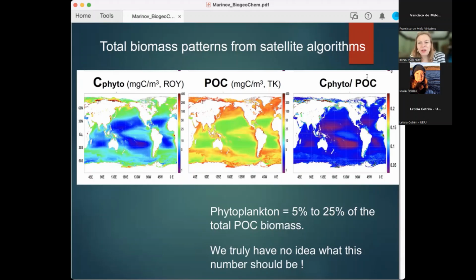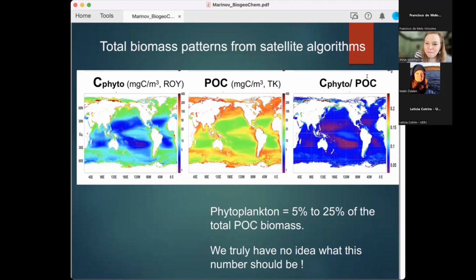Traditionally, people like Mike Behrenfeld and so forth assumed a ratio of 3, so he assumed that phytoplankton are just 1/3 of the total particulate organic carbon. Others have come after that and said, well, maybe it's not a uniform ratio, and maybe this number is not 3, but closer to 5. So there's 5 times more stuff in POC compared to phytoplankton.